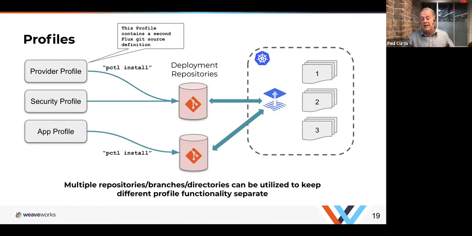But the cluster sees this source of declared state, right? And that declared state is always in Git. It's always visible. You can mix and match profiles with regular Helm charts and manifests.